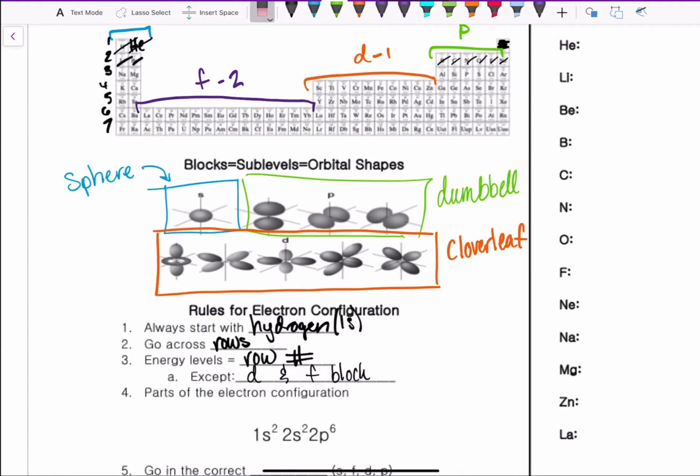Now, I know that only 4 of them really look like that cloverleaf shape. This one on the left does not. There are exceptions to every rule. And you're also going to notice we did not write down the F block. That's because the shape for the F block is just complex. They're funky and we're not going to worry about them. But you do need to know that S is sphere, P is dumbbell, and D is cloverleaf.